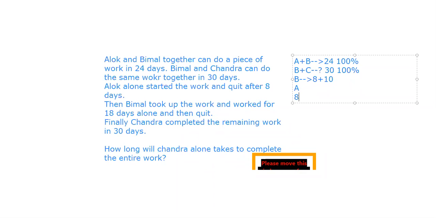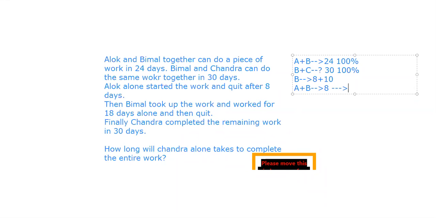Now Alok and Bimal can complete 100% of the work in 24 days, which means Alok working alone for 24 days and Bimal working alone for 24 days, when I club it, becomes 100% of the work. Likewise, Alok working for 8 days and Bimal working for 8 days means together they have worked for 8 days individually.